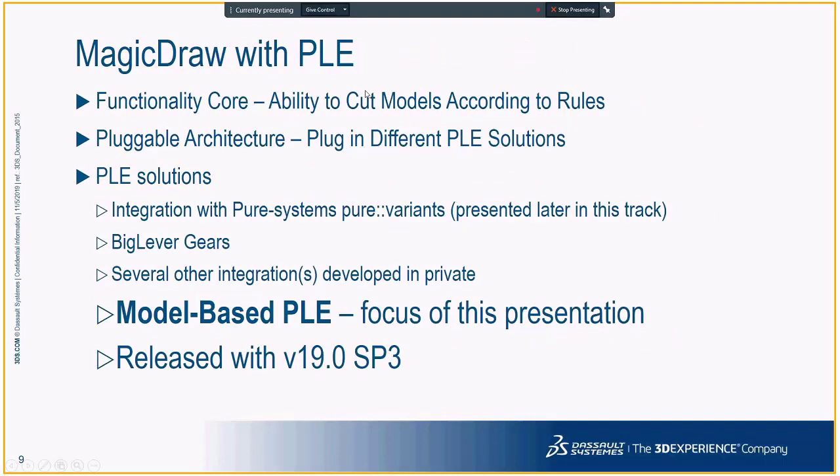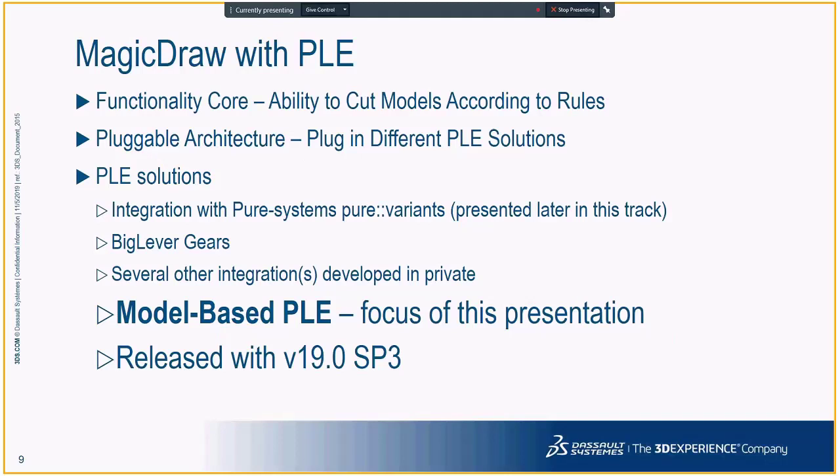Okay, so now about the Magic Draw PLE solution in general, and we'll jump into the model-based PLE shortly. So basically, PLE in Magic Draw comes in two parts. Basically, we have PLE core, which implements the core PLE feature, this variant realization feature, which allows you to take the model and cut and rearrange it depending on particular conditions.